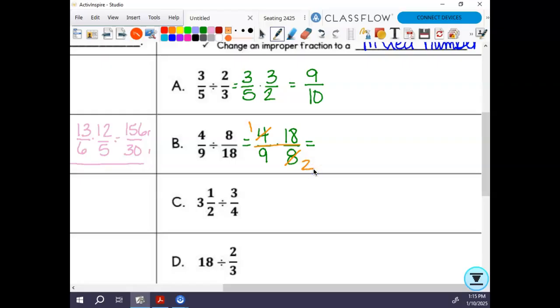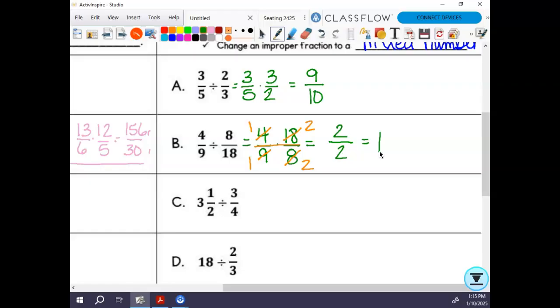Then the 9 and the 18, 9 goes into 9 once, goes into 18 twice. Okay, then don't lose track of which numbers you're actually multiplying. So in the numerator, I am multiplying the 1 times the 2. In the denominator, I'm multiplying 1 times 2. And what does that reduce to? 1. Okay?